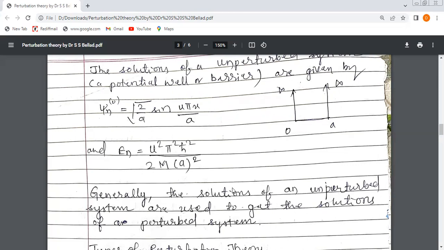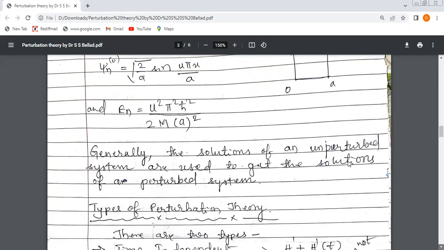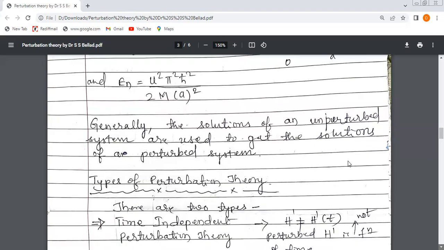Those solutions are then used to get the eigenfunctions and eigenvalues for the perturbed system. So this is how perturbation theory is applied to a physical system.